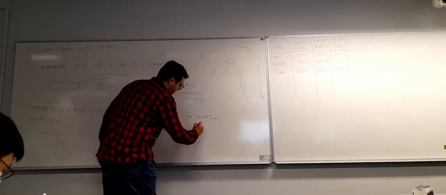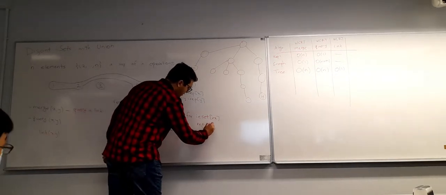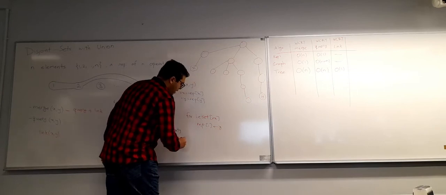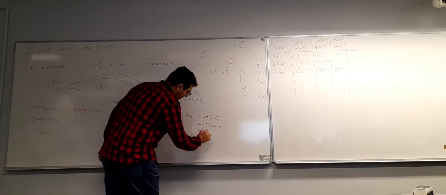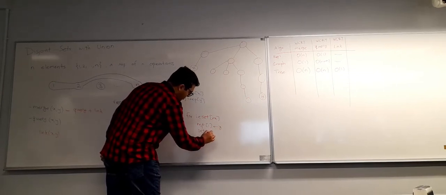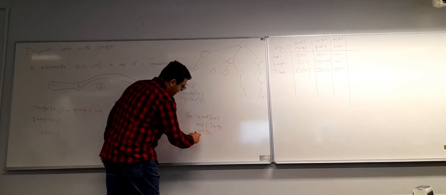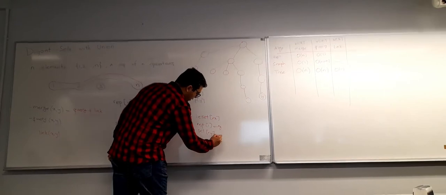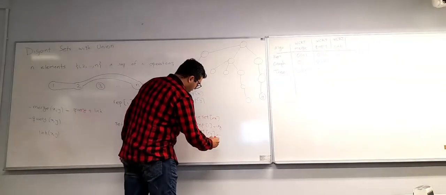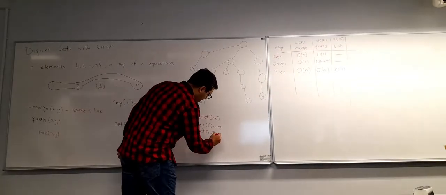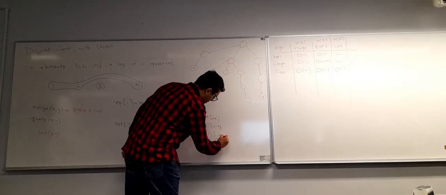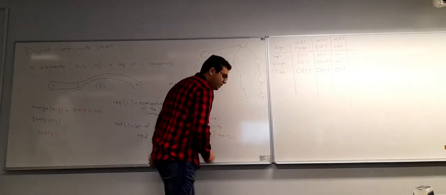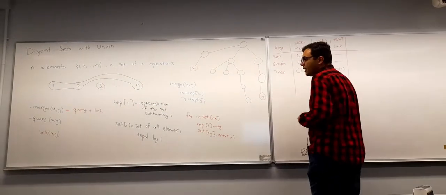I have to say that the new representative of I is Ry, and the set of elements that are represented by Ry should also get this new element I into it. So maybe I just write that insert I.